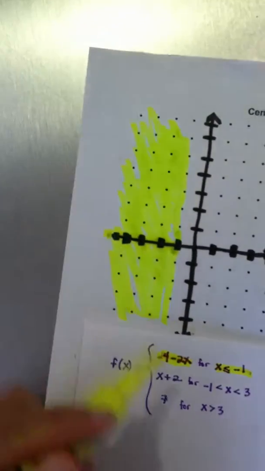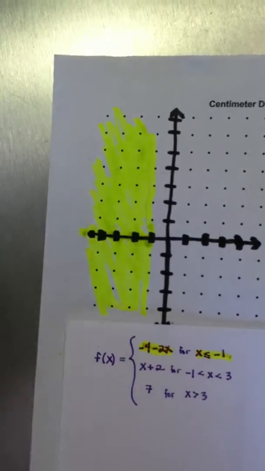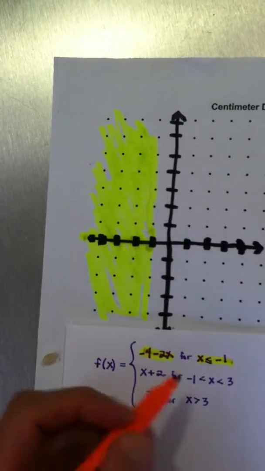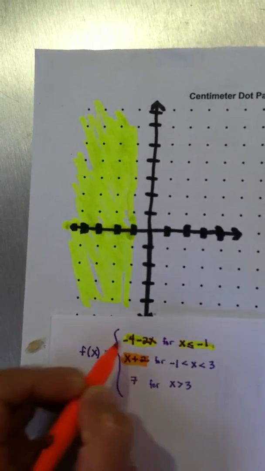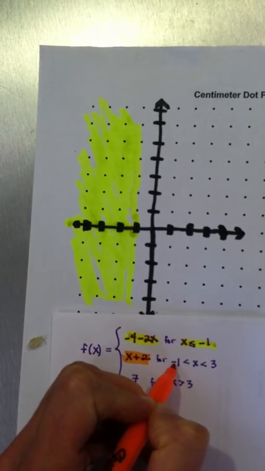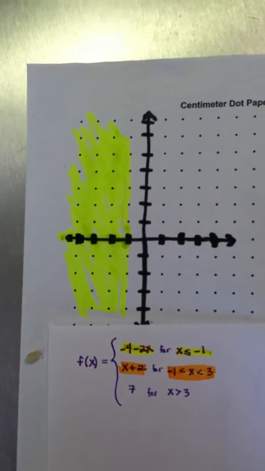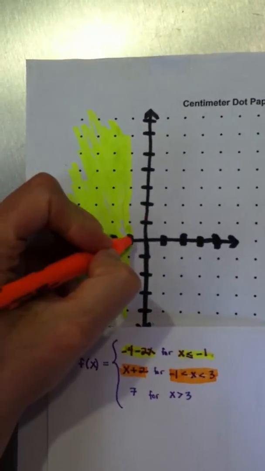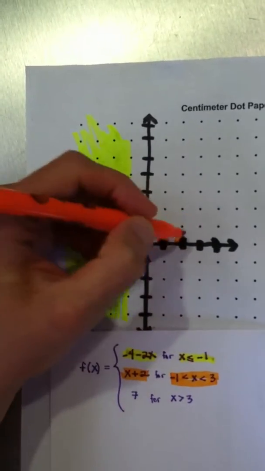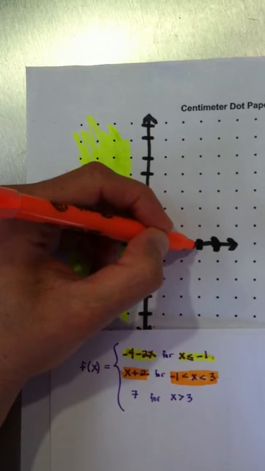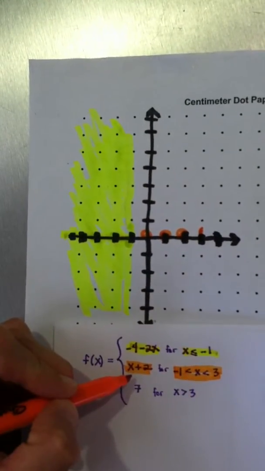So this piecewise function is basically going to section off my graph into 3 different sections based on these 3 different rules. For the second rule, we're going to do the calculation x plus 2 for all the inputs between, but not including, -1 and 3. So inputs like 0 and 1 and 2, all the way up to 3, but not including it. For those inputs, we're going to follow the rule x plus 2.